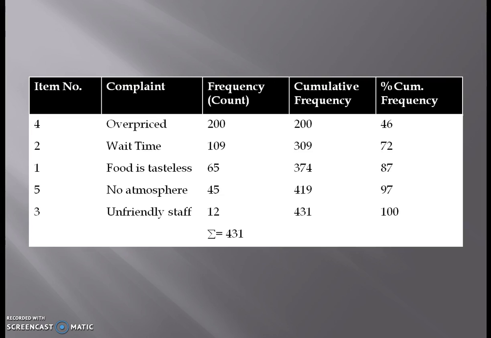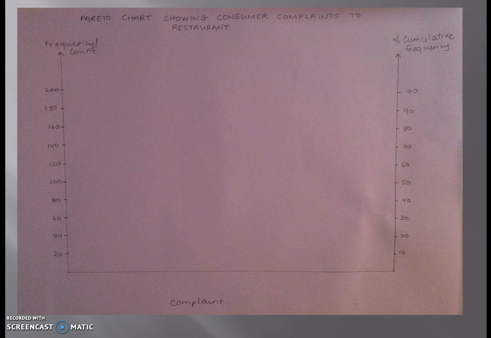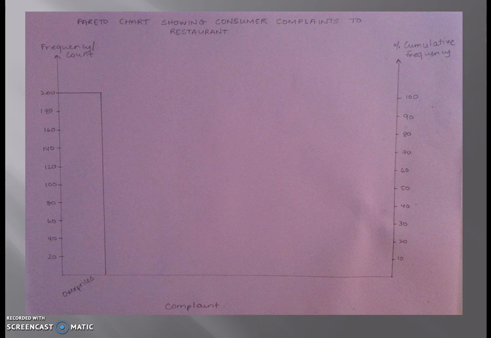Now we can start plotting our charts. Firstly, by drawing templates, which should look like this. Be sure to label the chart and all three axes properly. So you must give it a title as well as label each axis. Then we can plot the bars, which would look like this.